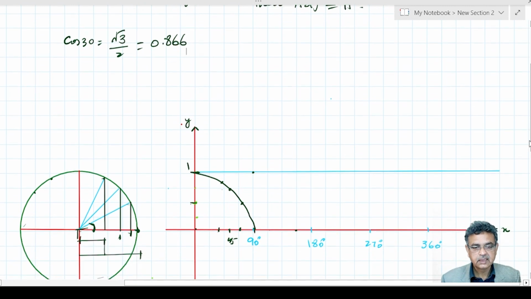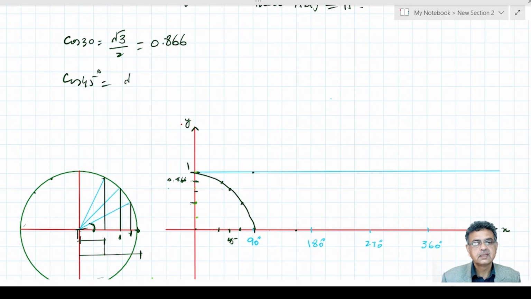So you can see here that at 30 degrees, if this total is 1, then this value is 0.866. And at 45, cos 45, its value is root 2 over 2, that is approximately 0.707.